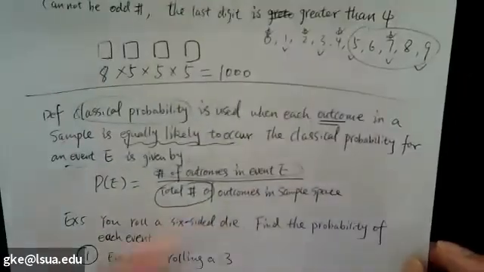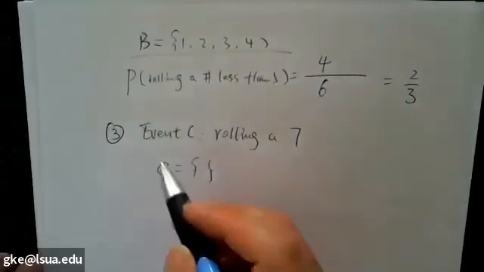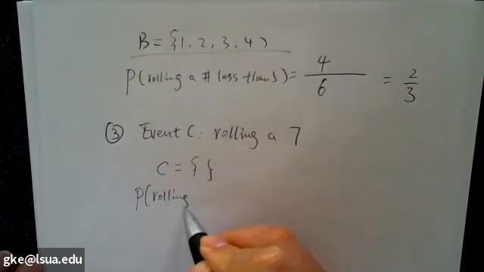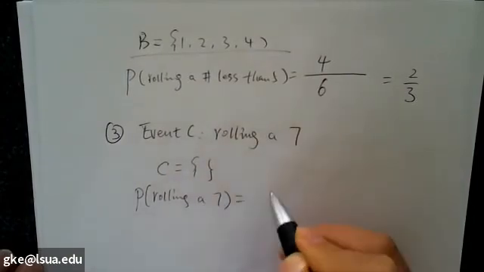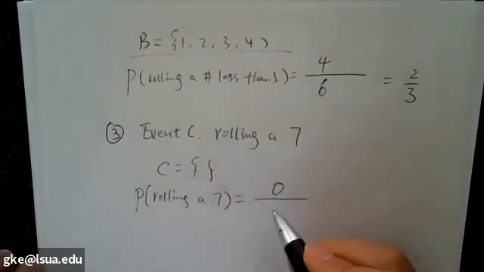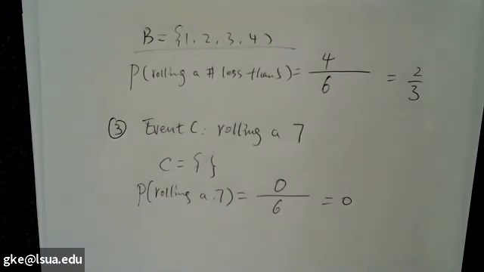So if we use the probability formula, rolling a 7 means 0 outcomes, divided by 6 equals 0. Okay, that's it. Very simple.